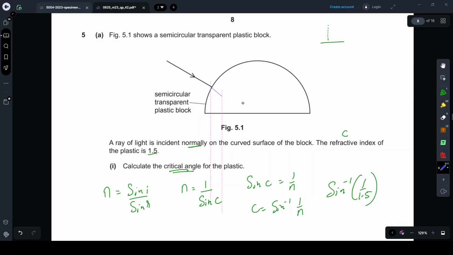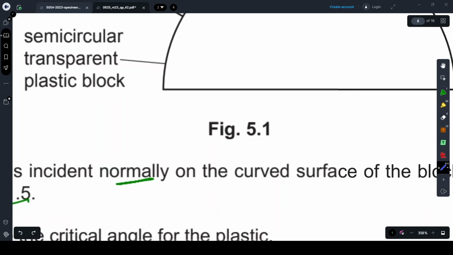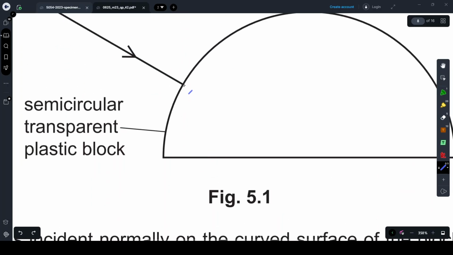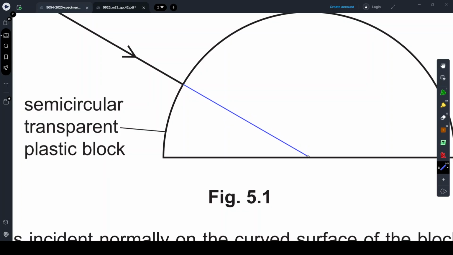But you're going to put a ruler over here and draw a line that continues straight into the plastic. Maybe it's better if I zoom in.